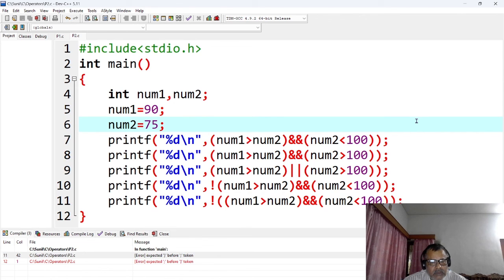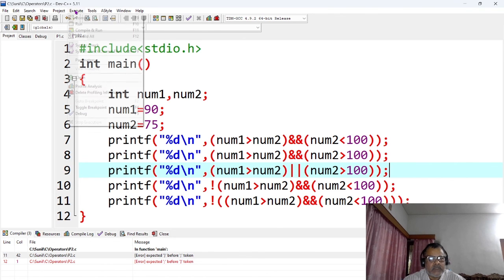Here I think there is some problem with this. Actually we should write another bracket here. Okay, 3 brackets, because we have opened 1, 2, 3, 4, and we have closed 1 here and 3 here.